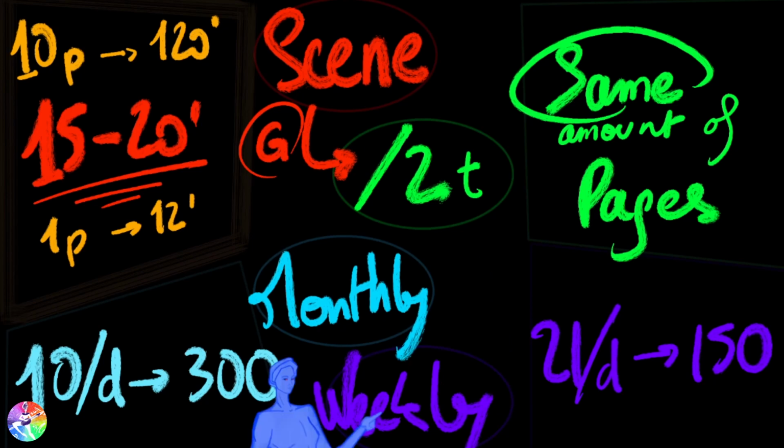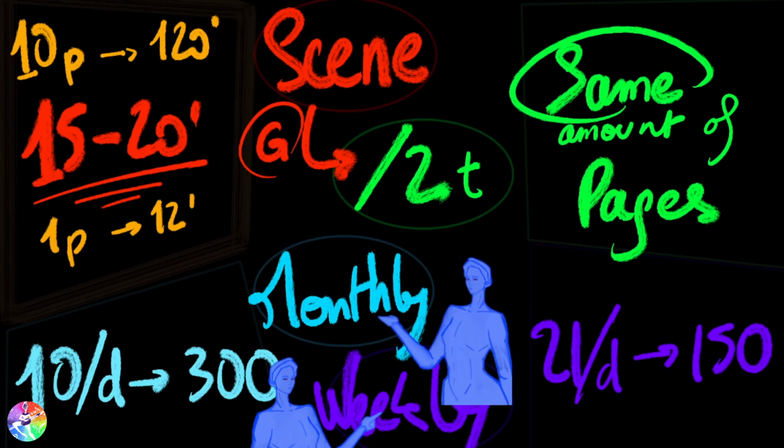If you're functioning at a weekly scale, you will need 21 pages a day, a little bit more than that, in fact, to write 150 pages. So you may want to compare these two numbers. We have 300 pages on one side and 150 pages on the other side. And the amount of pages produced per day is approximately doubled.